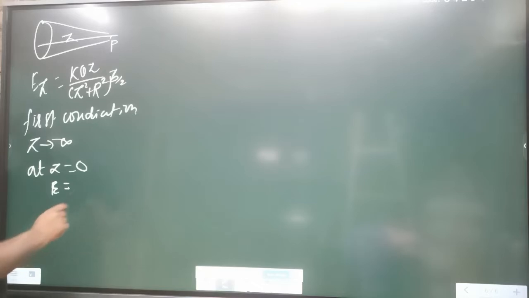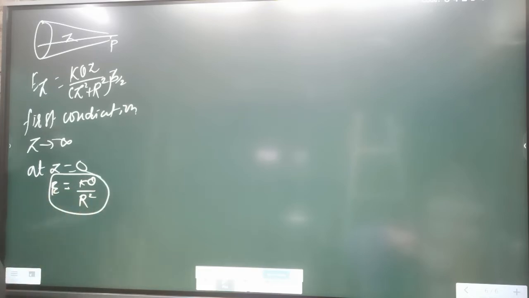When z is infinity, Ez is equal to 0. And when z is equal to 0, Ez is equal to KQz divided by r cube. At z equal to 0, the electric field E is equal to KQz upon r cube, KQ upon r square, towards the z.